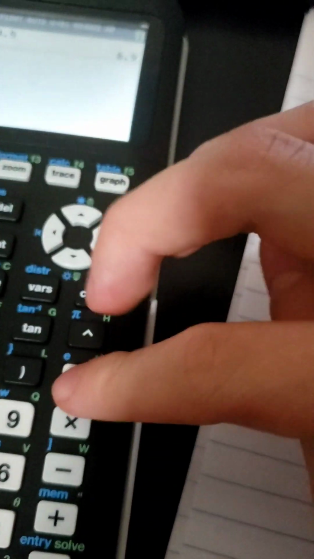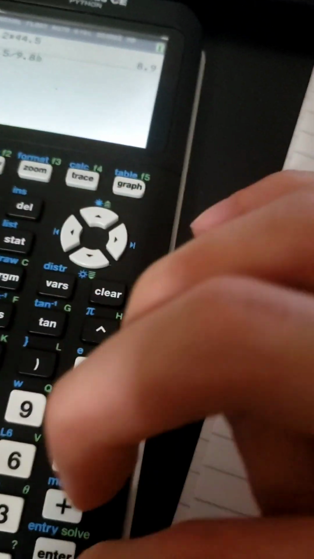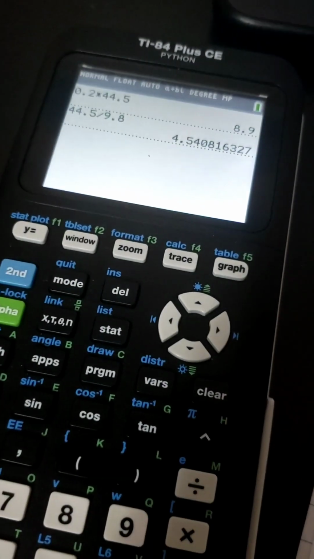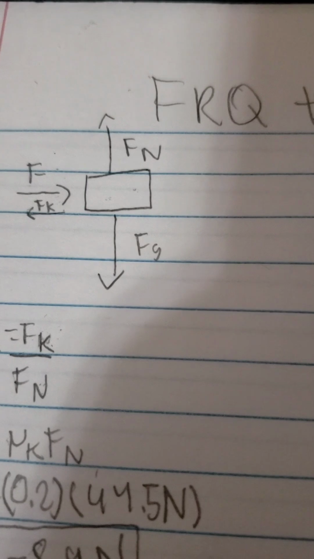If you divide that out, that should be 4.54 as the mass.